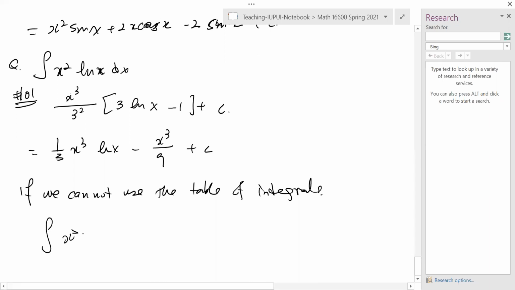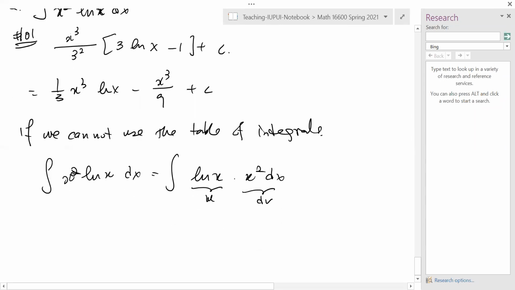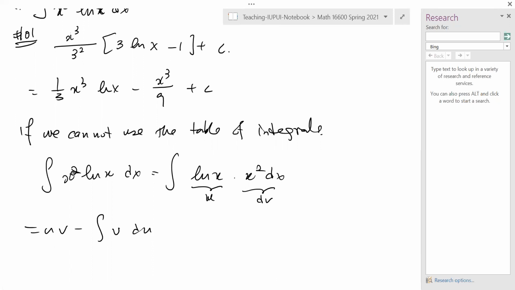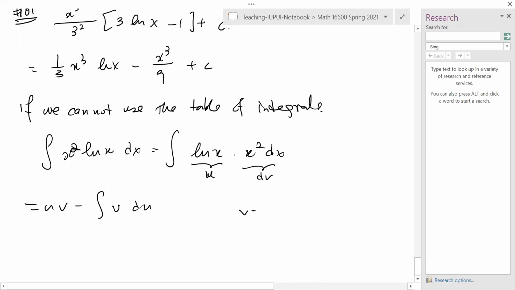So x squared natural log of x dx can be written as natural log of x times x squared dx. This is my u, this is my dv. So when I switch the order, that's supposed to be uv minus the integral of v du, right? Then if I differentiate natural log of x, I can get rid of natural log. The question is what is v? Clearly v is 1/3 of x cubed. All right, dv is going to be x squared dx.